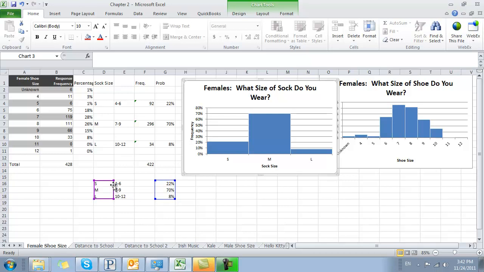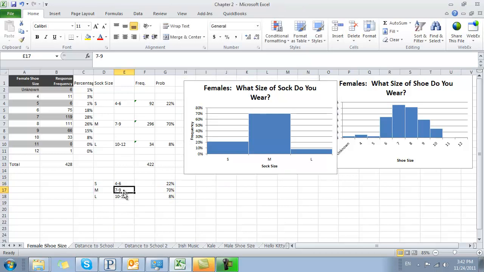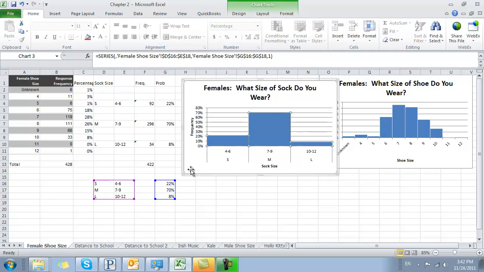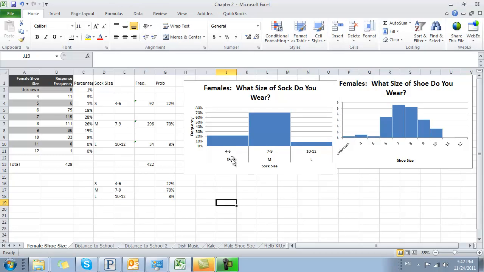It's not letting me today. There we go. Got it. And by grabbing both of these, it's now set size 4 through 6. It skipped a space and then told me the other column. So now it tells me both the size in shoes and the size in small, medium, and large.